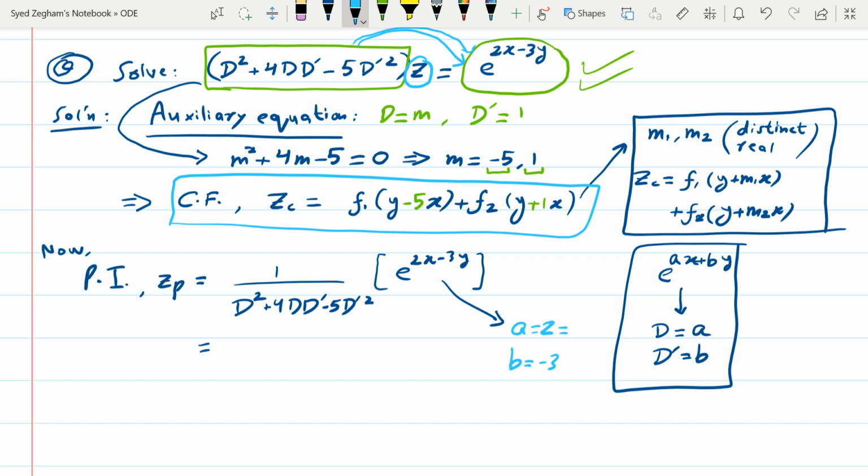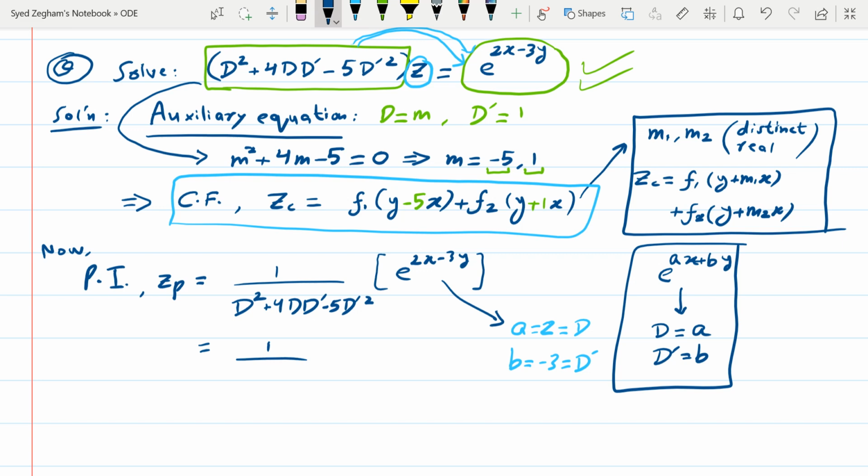So I will replace my d by 2, and this b, that is minus 3, will be my d prime, so I will replace d prime by minus 3. That's all. This is the simple technique to find the particular integral when you have e to the power ax plus by type of function on the right side.